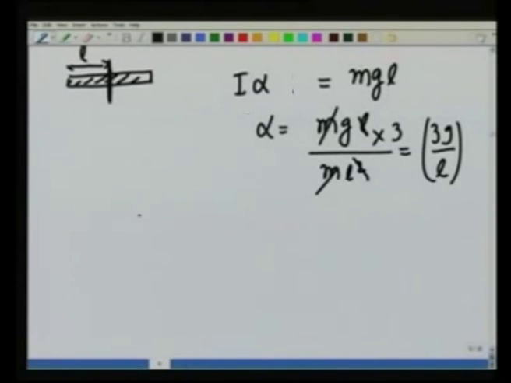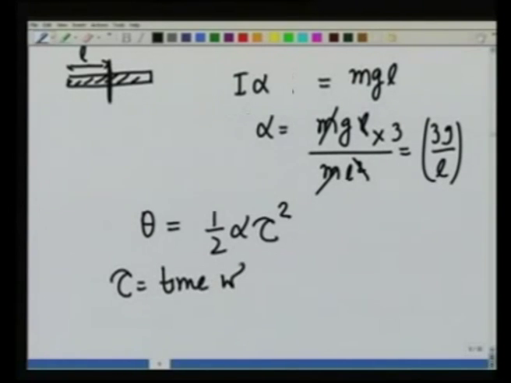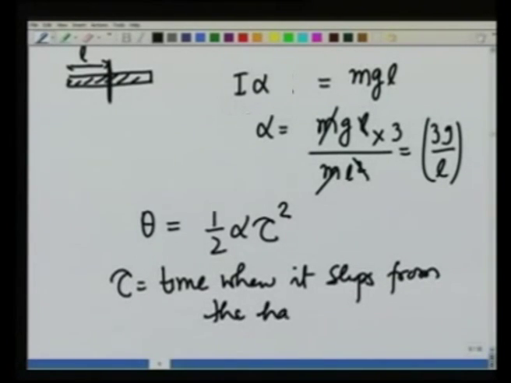It covers an angle theta which will be equal to 1/2 alpha tau square, where let me write tau as the time when it slips from the hand. So theta is roughly alpha tau square.